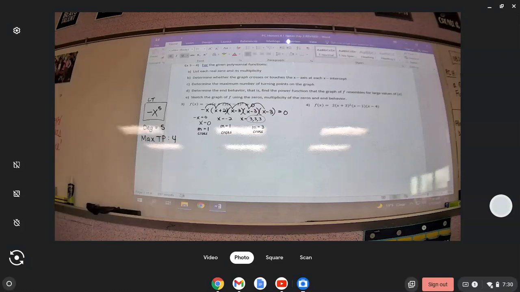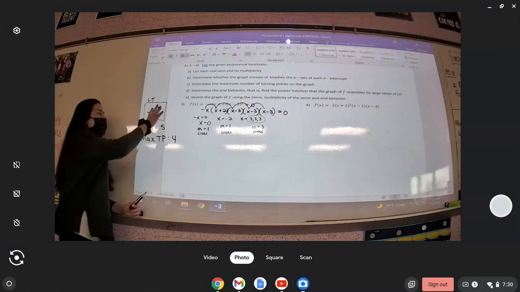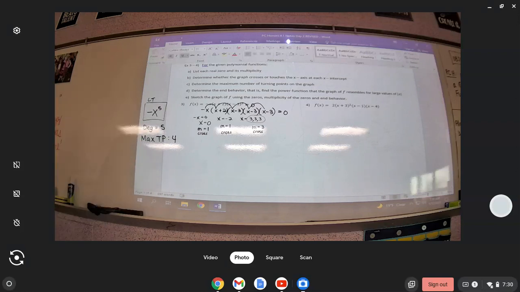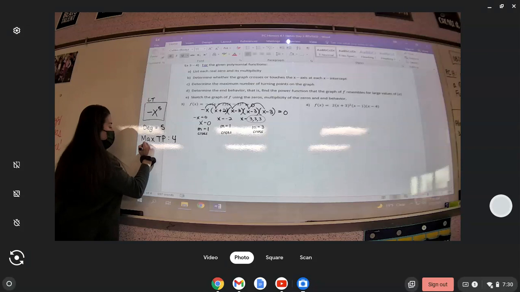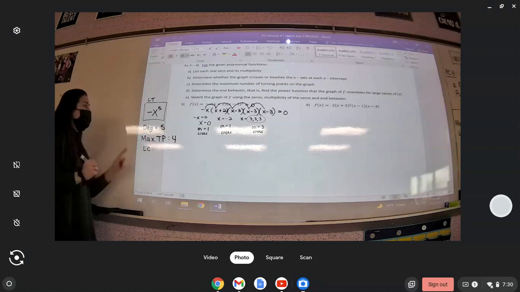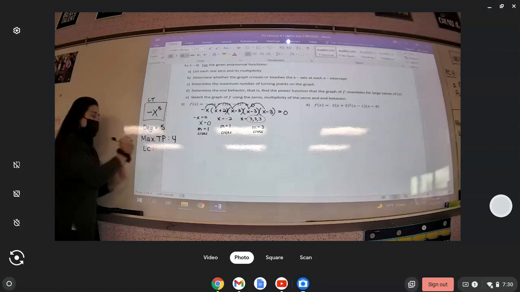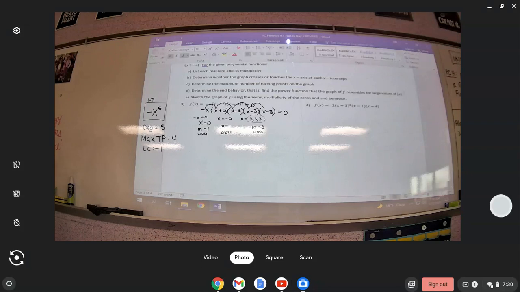Okay? Now they want the end behavior. Well, guys, the end behavior is definitely based off of the degree, but we also saw it's based off of that leading coefficient, whether it was a positive value or a negative value. So now we can say the leading coefficient is negative 1. These are all things you're going to have to use to predict that end behavior. So guys, if it's an odd degree, what does the end behavior have to be? Same or different?